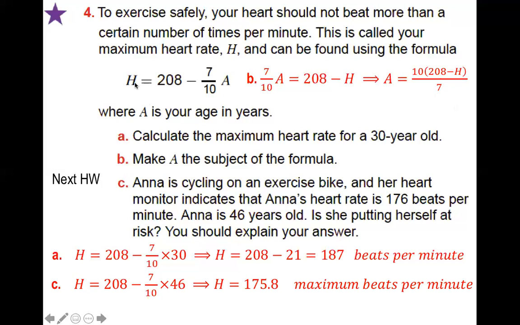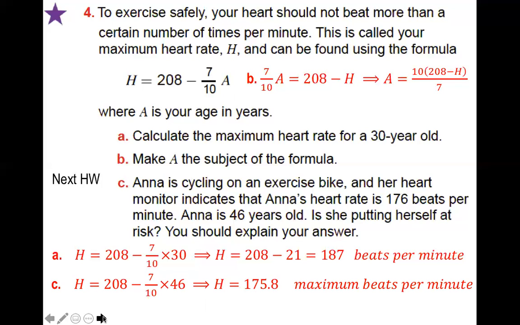You can use H and say this is 208 minus 7 over 10 A. So you calculate that and you find out her maximum heart rate, the beating should be 175.8. So if she's doing 176, she's putting herself maybe into a little bit of risk if she maintains that. But she's just a bit below it.